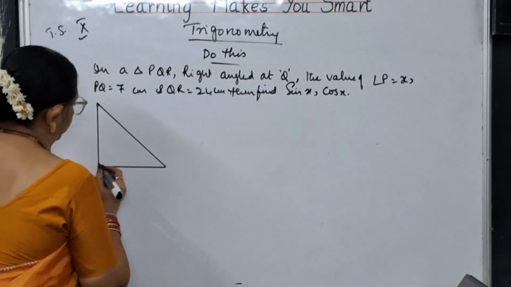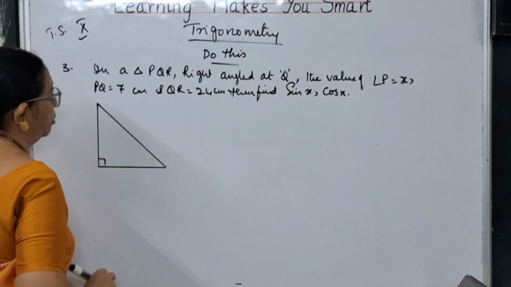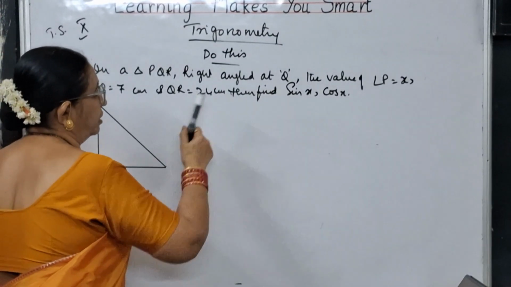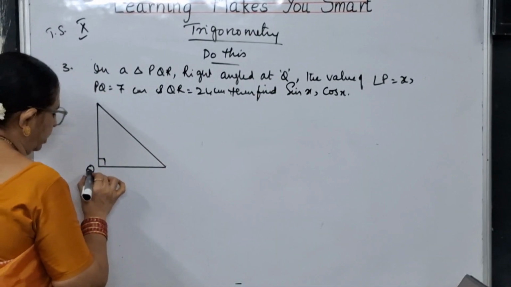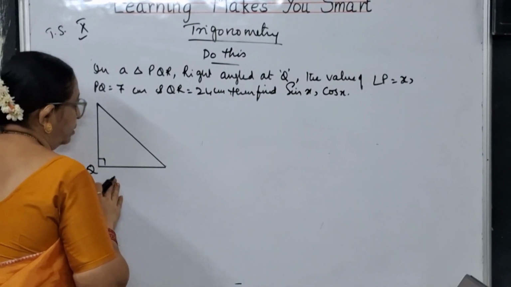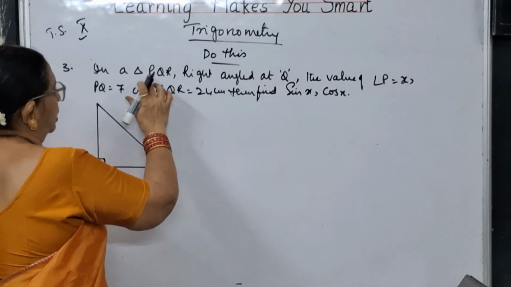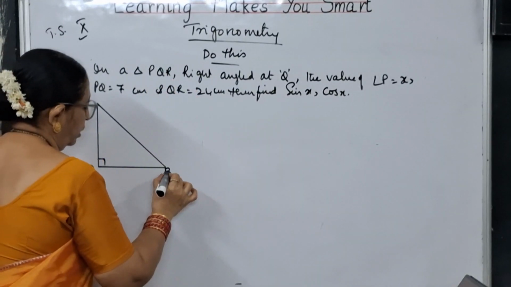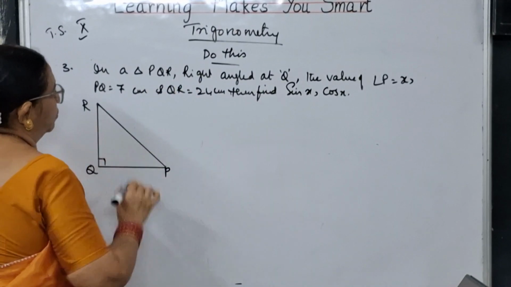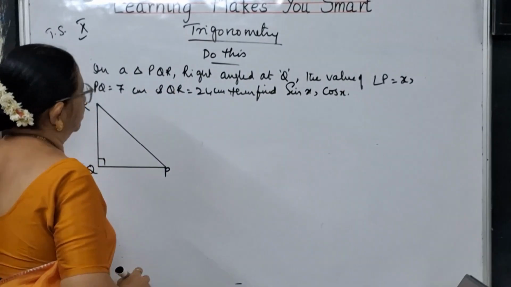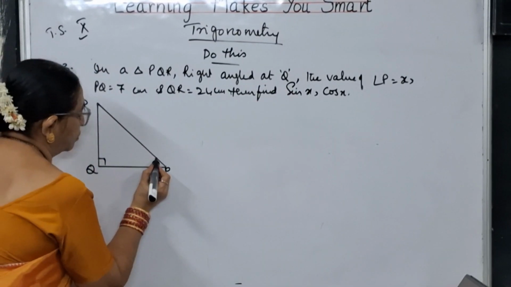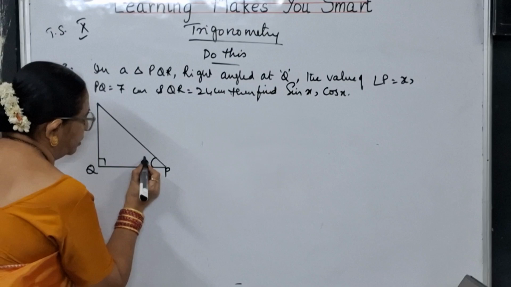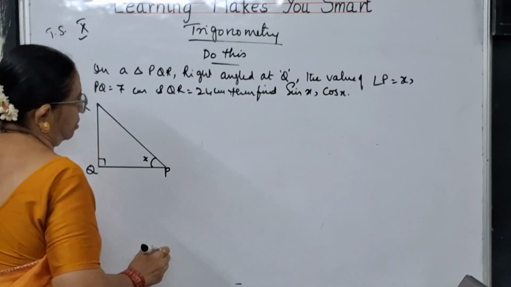Right angle at Q. This is a right angle, of course, we know. But what is the name that we need to allot? The problem will give you, that is Q. So I should allot the name Q here. If I allot the name Q here, the remaining triangle is PQR. So in this way, I have written the names. In this, they say the angle P is X. So this angle P has got a specific name, that is X.